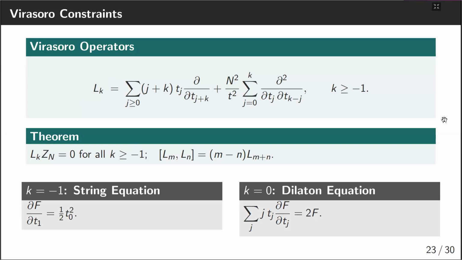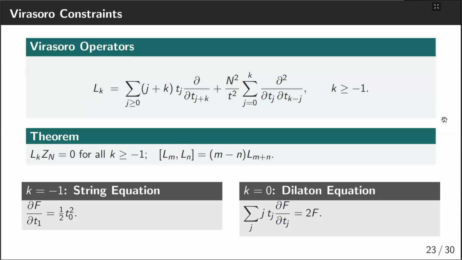And we have Virasoro operators. This involves derivatives, and there's a theorem. For the string equation and the dilation equation, there are some identities. I won't go into too much detail because it involves calculation.